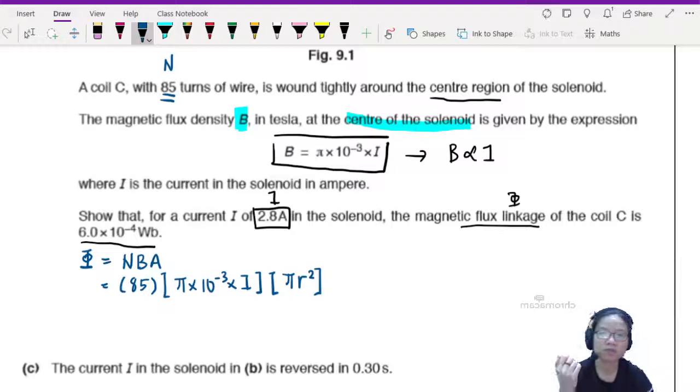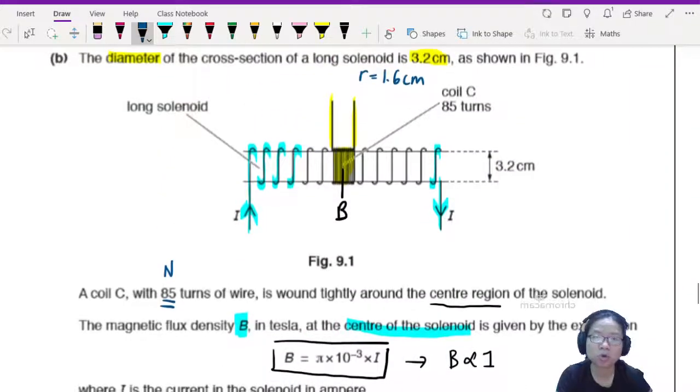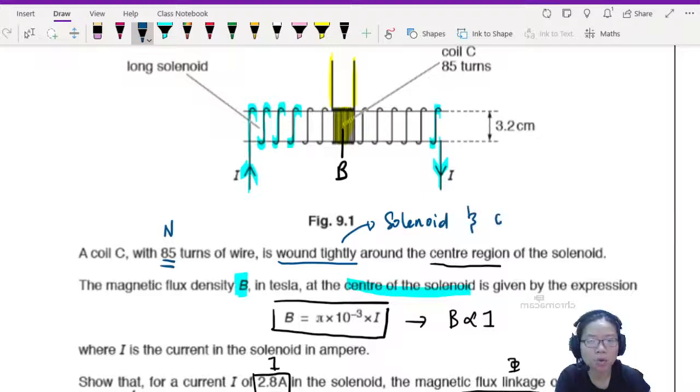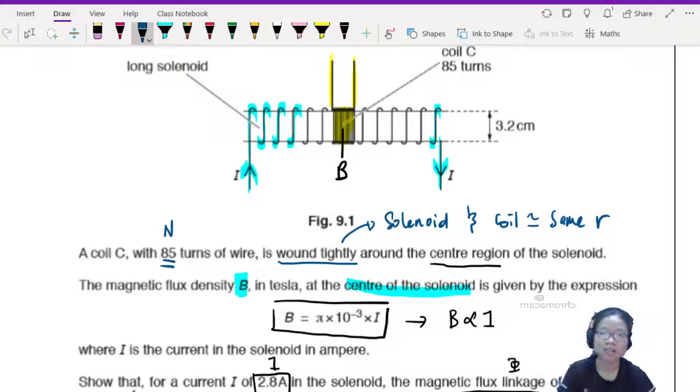Area of the solenoid. They wrap around the same coil. I think it is safe to assume that because it is wound tightly, both solenoid and coil have approximately the same radius, more or less the same value of r.